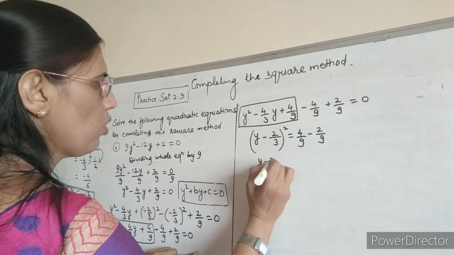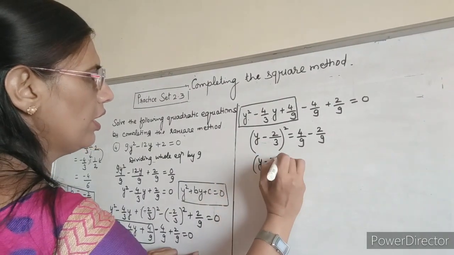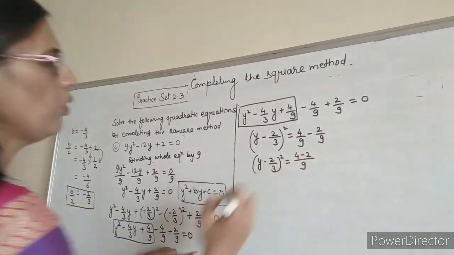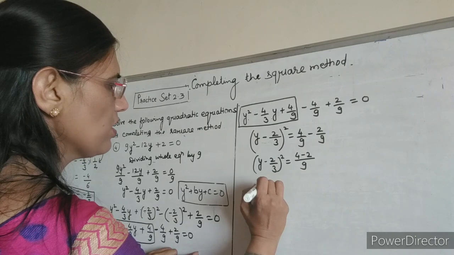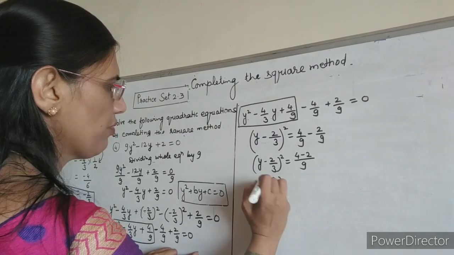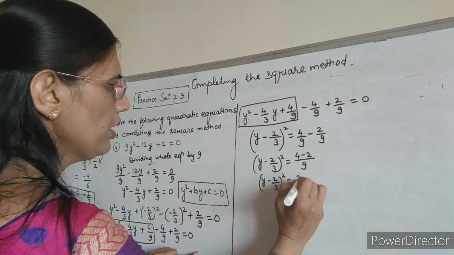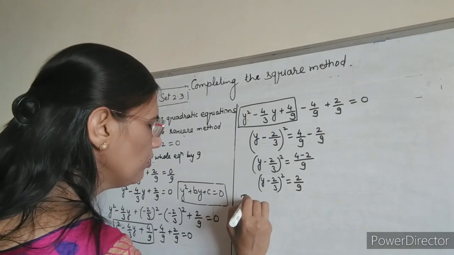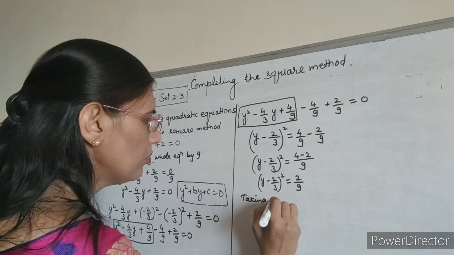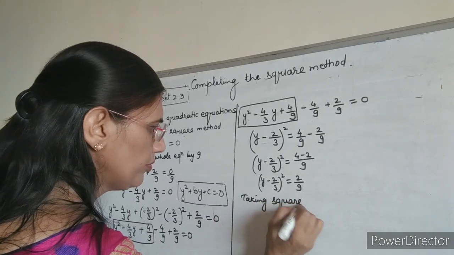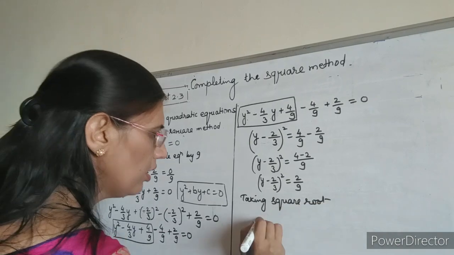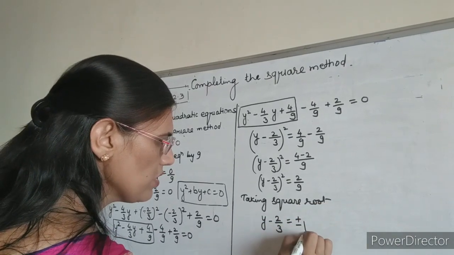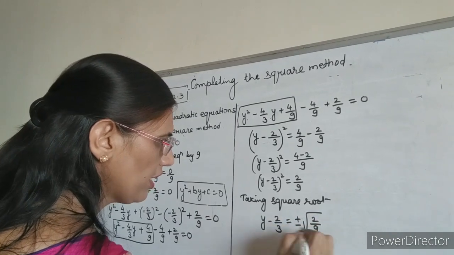Thus we get (y minus 2 upon 3) whole square is equal to 4 minus 2, that is 2 upon 9. Now taking square root, we get y minus 2 upon 3 is equal to plus minus square root of 2 upon 9.